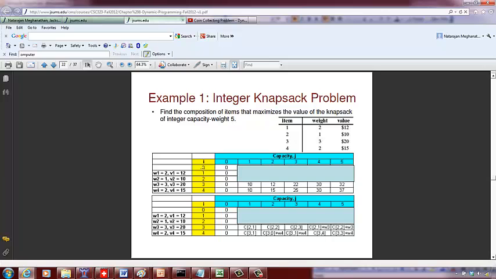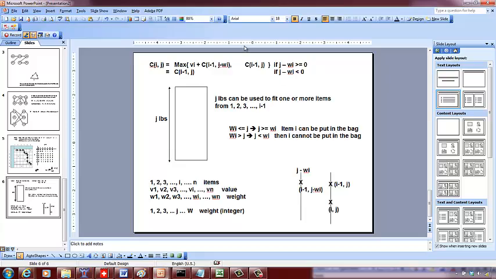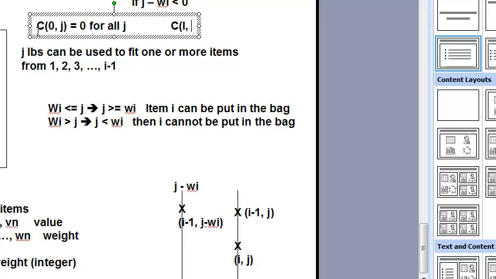0 means nothing. Now what is the basic condition for this? If you don't have any item, whatever the knapsack bound, you cannot put anything, right? So C of 0 comma j is going to be 0 for all j, and C of i comma 0 is going to be 0 for all i, which means you may have any number of items, but if you don't have a bag to put them in, which is 0 pounds, then you cannot put anything, right?